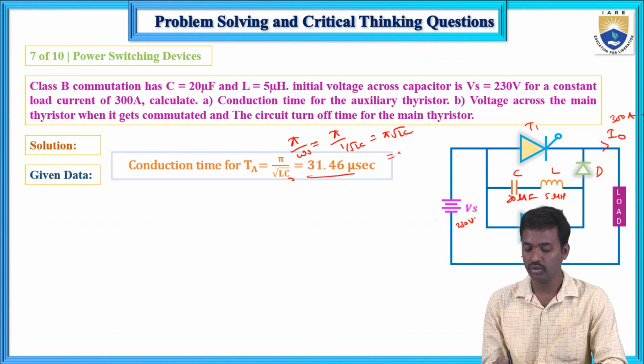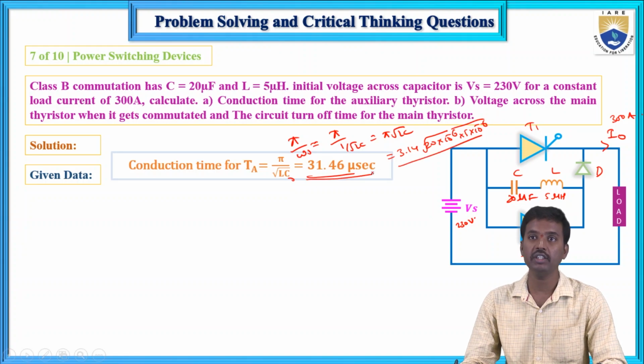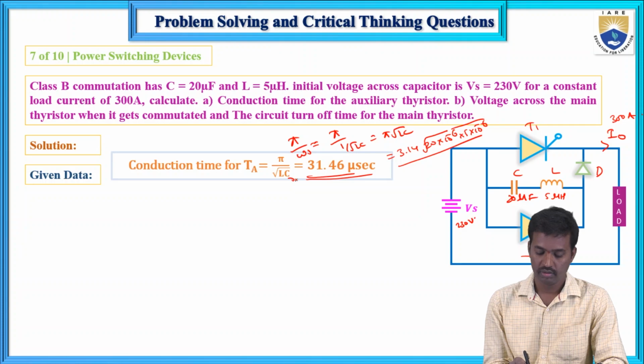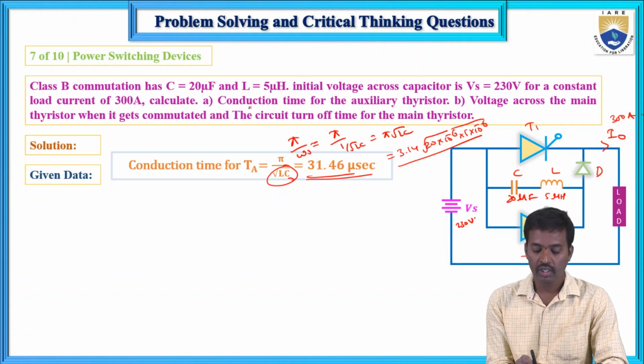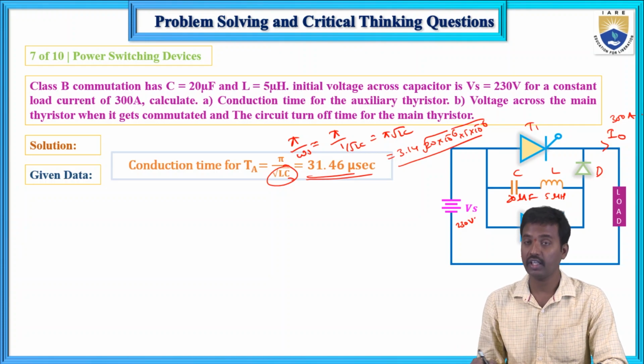That value equals 3.14 square root of 20 into 10 power minus 6 and 5 into 10 power minus 6. If you do this, you will get the value 31.46 microseconds. So it is in the numerator, not in the denominator. This is the conduction time for the auxiliary thyristor.